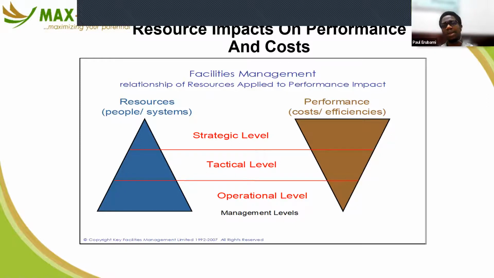If you don't have any other level of activity, this is all you do as a facility manager, your performance in terms of cost efficiencies, even effectiveness, will be very low. So that's why you have that as an inverted triangle, standing on its head.